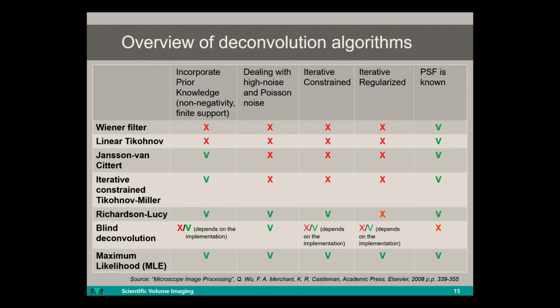Thus these values need somehow to be compensated. Also, the limited noise model of linear filtering provides a high risk of noise enhancement and ringing artifacts in deconvolution results. Maximum likelihood estimation algorithms are iteratively constrained and regularized and can take care of these issues.